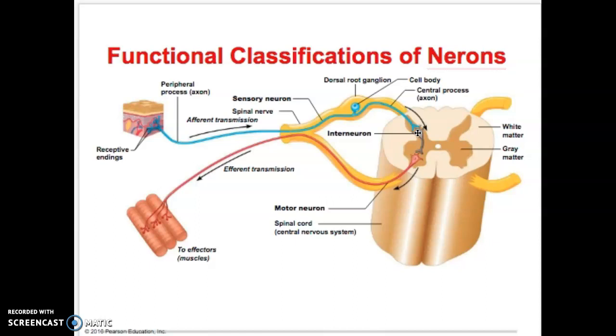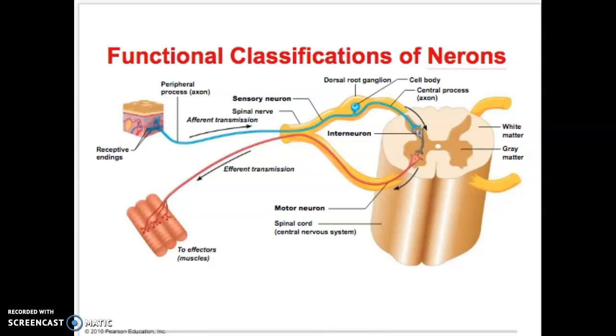Regardless of whether it goes to the brain or just stays within the interneuron, the information is going to go out the efferent pathway, and it's going to tell the muscle or gland to do something. In this case, it's telling the muscle to contract. And so that's just the pathway of a signal like that. We're going to go through more of that.